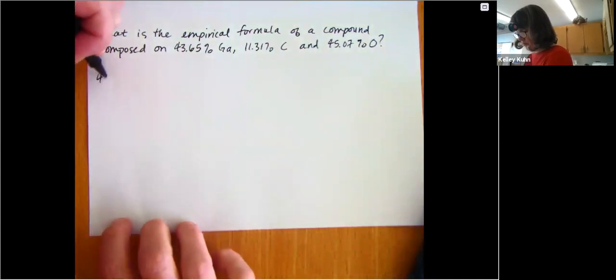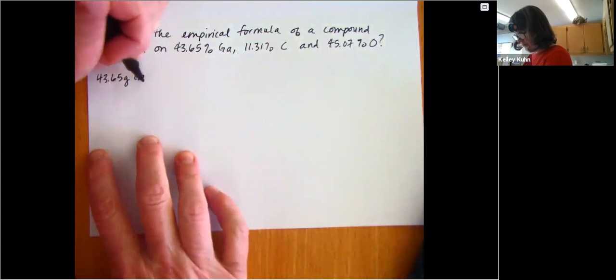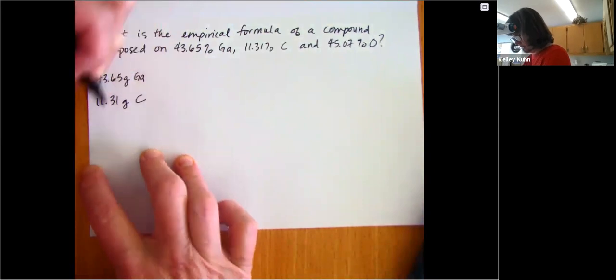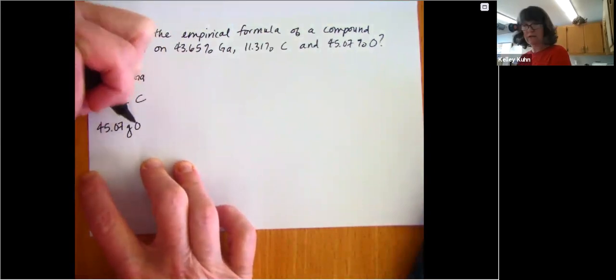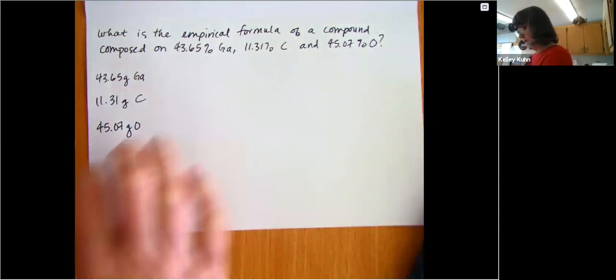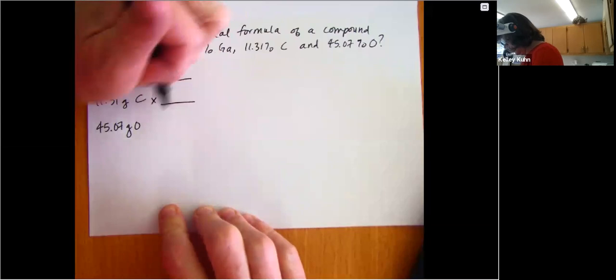So 43.65 grams of gallium, 11.31 grams of carbon, 45.07 grams of oxygen. After we treat the percents as grams, our next step is to convert those grams back to moles.